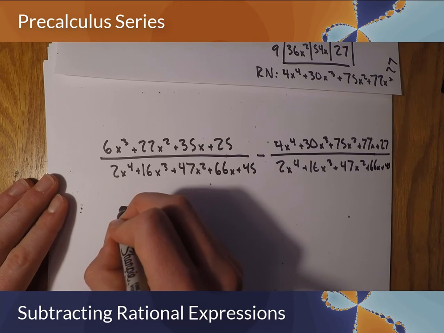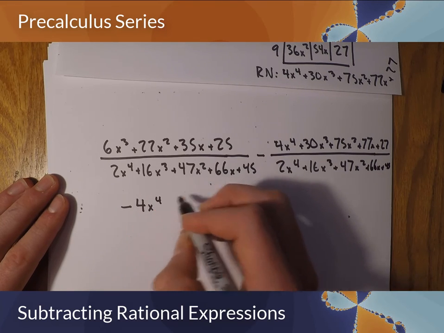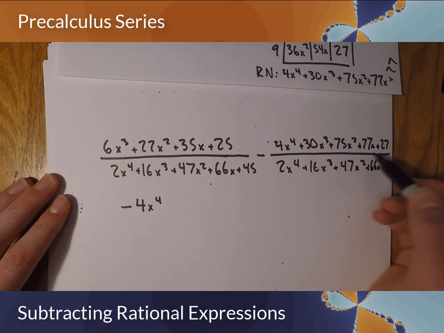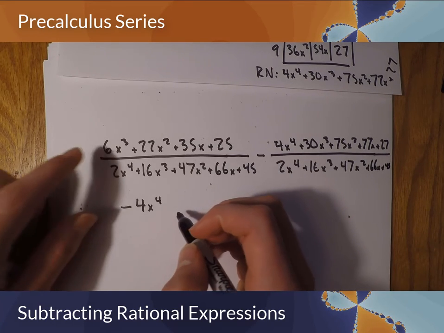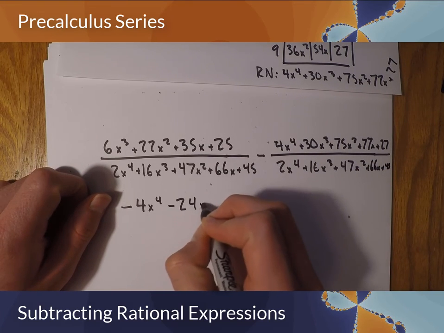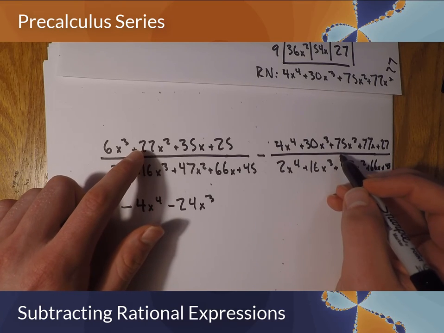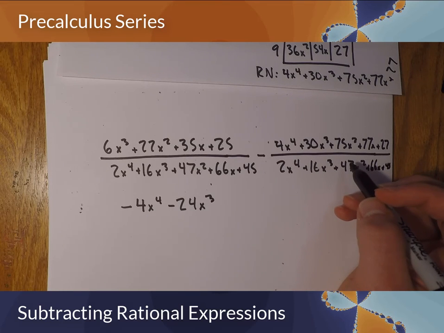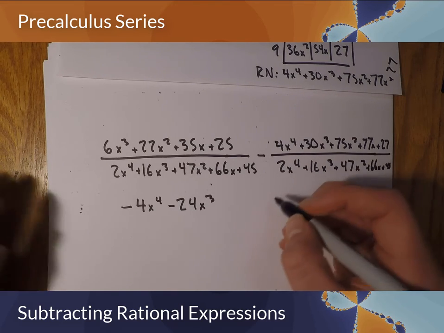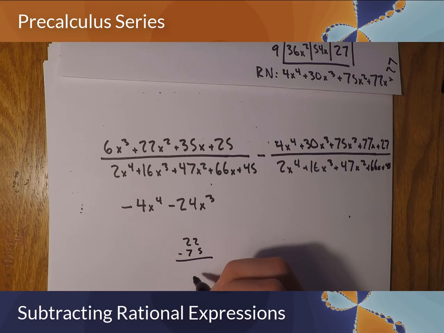So our final answer is negative 4x to the fourth, because remember the subtraction sign is applied to this whole fraction here. Then 6x cubed minus 30x cubed would be negative 24x cubed, and 22x squared minus 75x squared, let's see real quick, 22 minus 75, that would be negative 53.